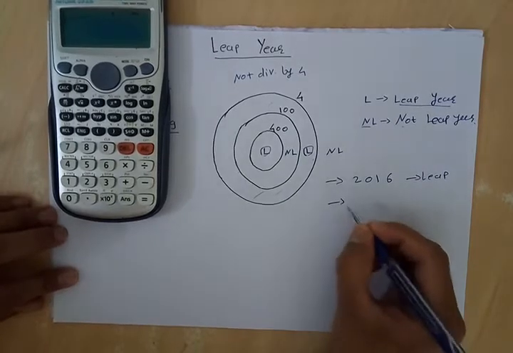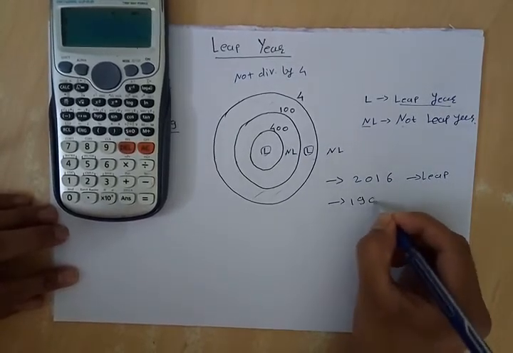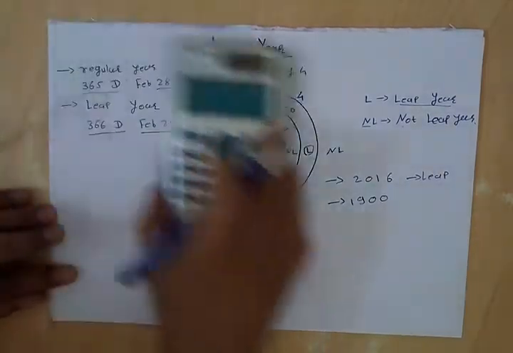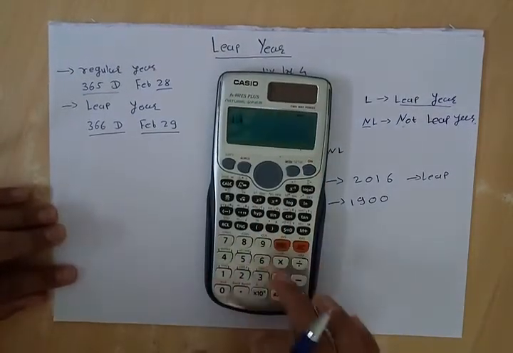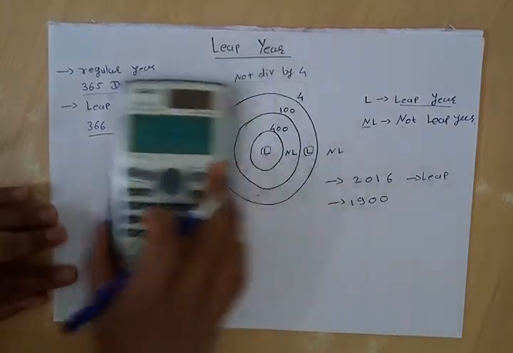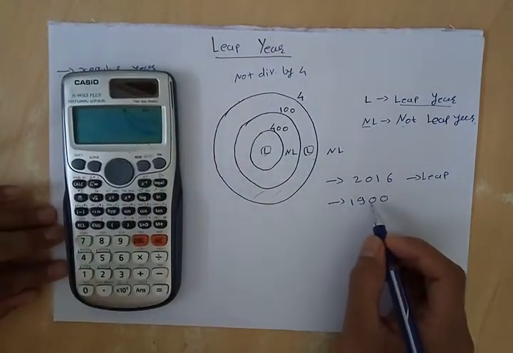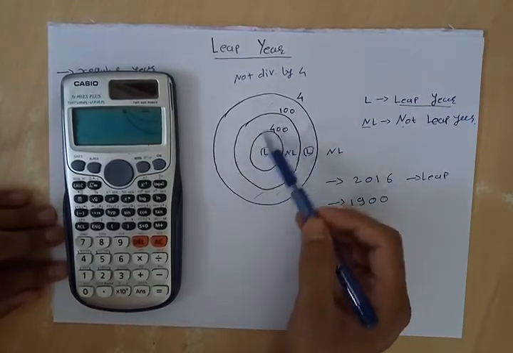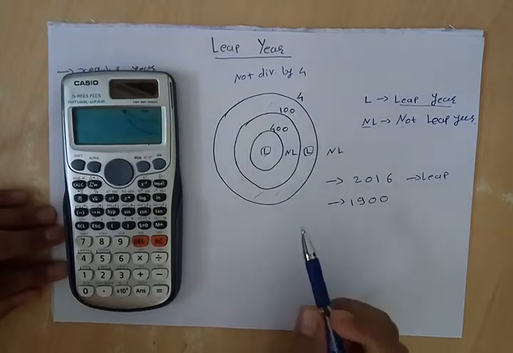Now let me take another example, the year 1900. Let me check whether it is divisible by 4 or not. Yes, it is divisible by 4, and this number is of course divisible by 100, so it will fall inside this circle under the 100.